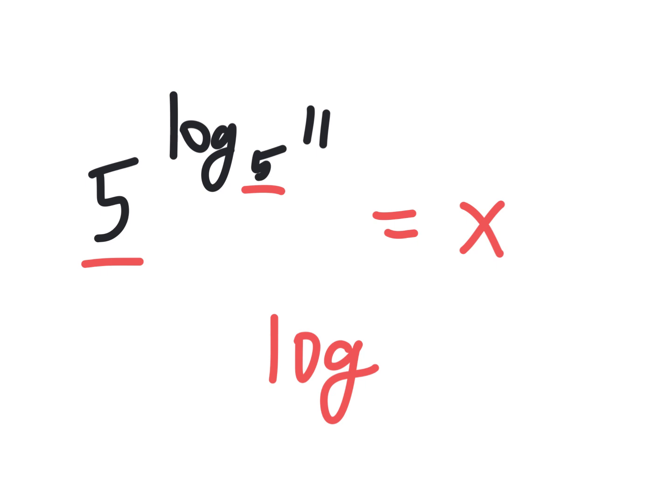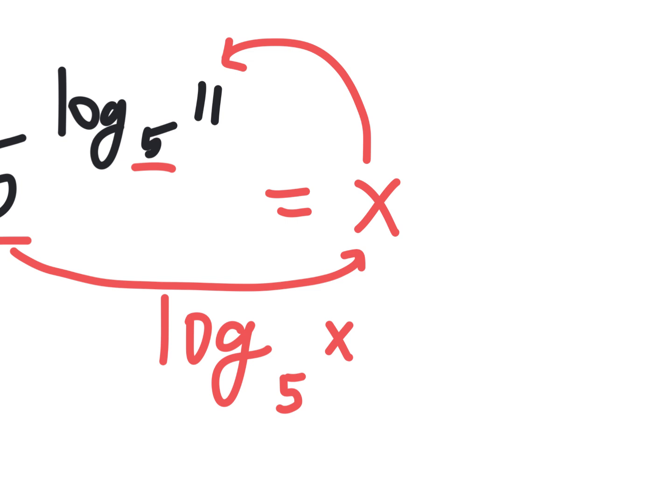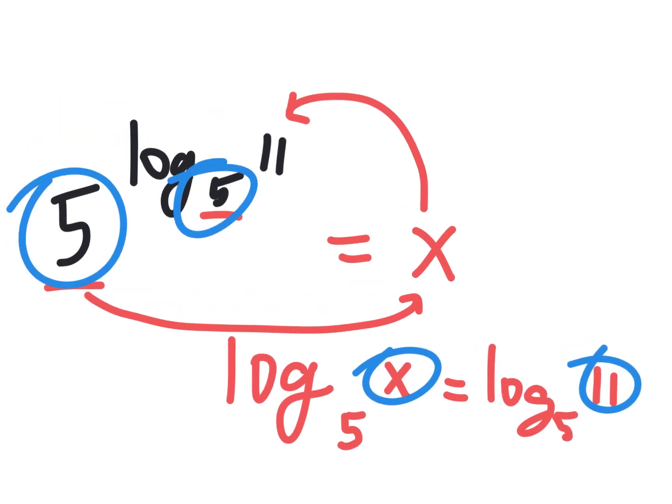Oh, the base is 5, and then you do the circle of logs. Log base 5 of 11, and that hopefully shows you that x has to be 11. That's the proof that the answer is 11. You don't have to do that. It's just how you can show that if these two are the same, the answer's there.